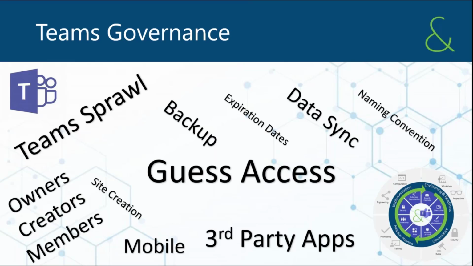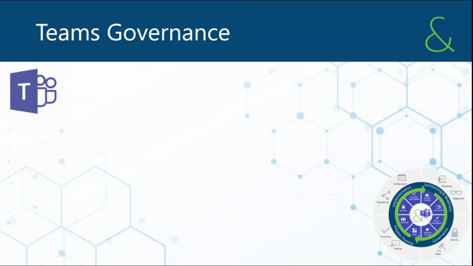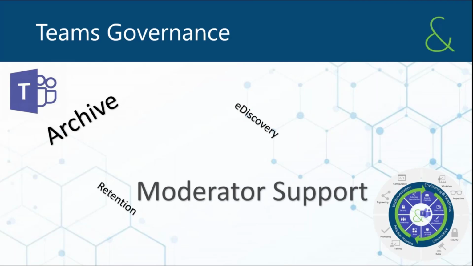So what tools do we have in place to control all of these things? On this slide I put together a list of tools that Microsoft provides that can address all of those things from the previous slide.